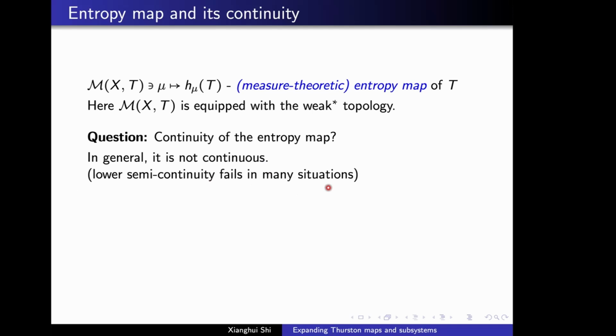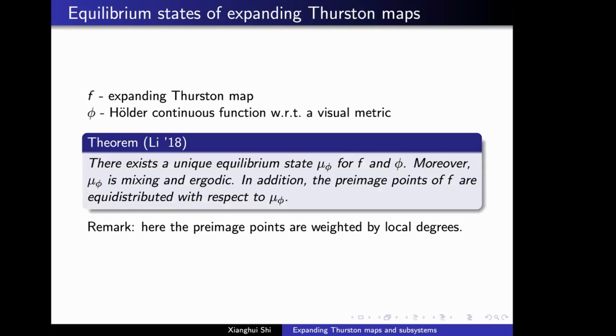I can explain this. Because you see here, we can approach this equilibrium state mu phi by preimage points. Well, the preimage point measure has zero entropy, but we can actually prove this equilibrium state has positive entropy. So this means we can approach a measure of positive entropy by measures of zero entropy.